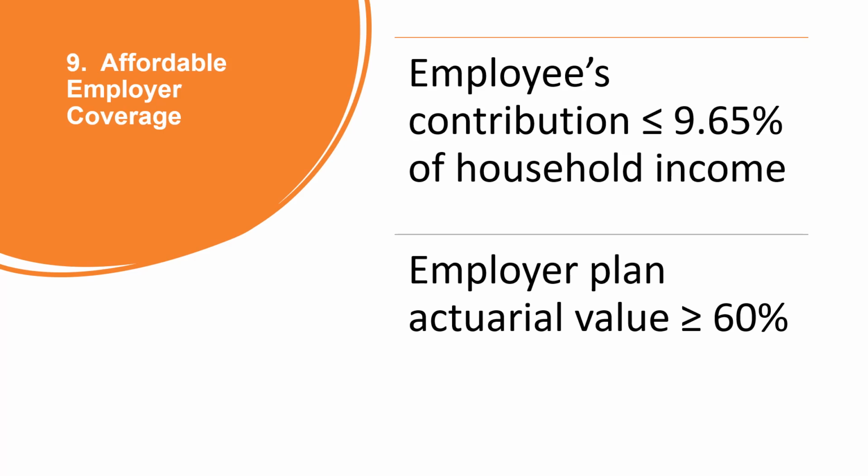So employees in a company who are maybe on the lower income level within the organization may have the amount that they have to pay for the premium capped at that level. So that is what affordable employer coverage is.